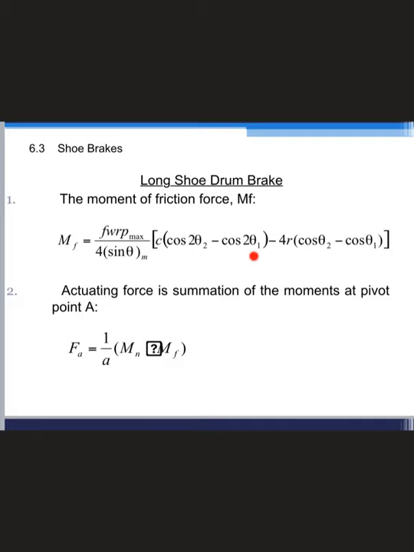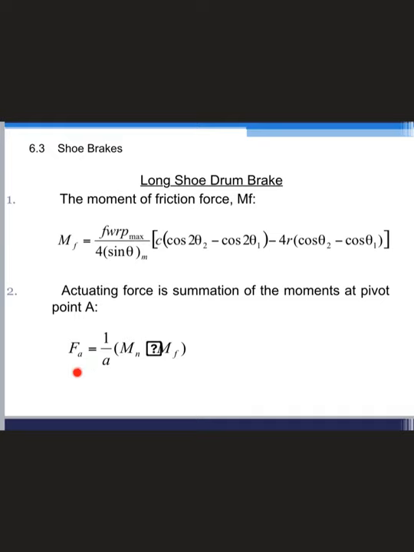And then we have theta 1, the angle between fulcrum point A and the line from A to the center of the drum, measured to the very beginning point of contact of the long shoe and the drum. And for R, R is the radius of the drum.